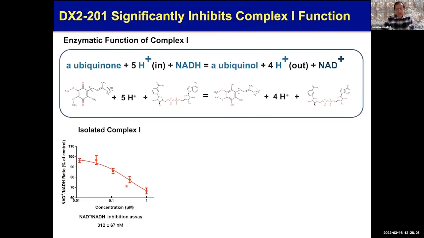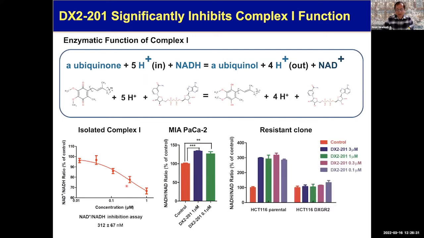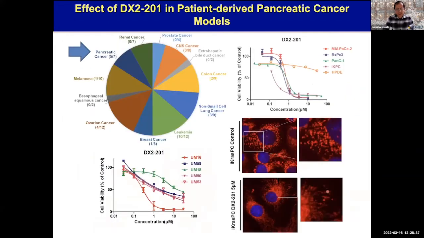We can show clearly that it inhibits complex 1 in the nanomolar range and is not active in the resistant clones. When we expanded our studies to look at the patient-derived pancreatic cancer cell lines that we have in the lab, as you can see, some cells respond beautifully, some are more resistant.